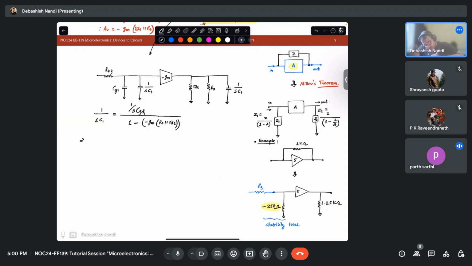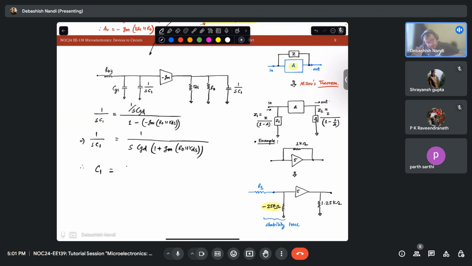So 1 over SC1 is equal to what? 1 over SCGD, and this minus minus will cancel. So 1 minus A will be 1 plus GM times RD parallel RDS.